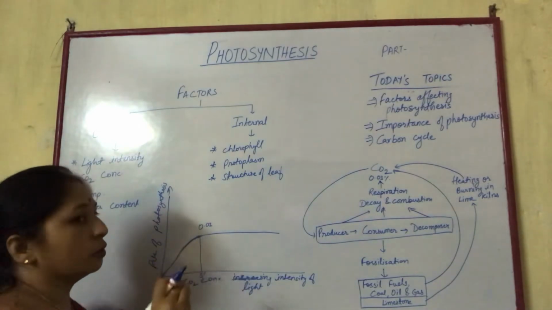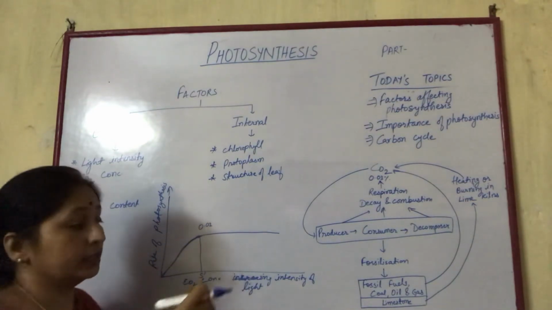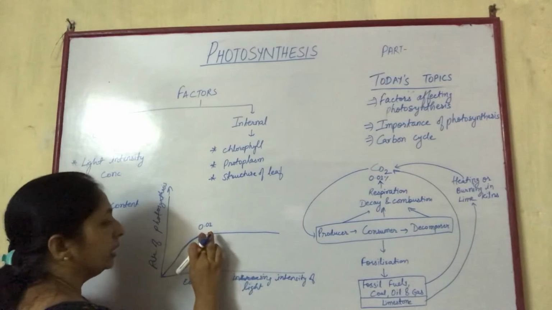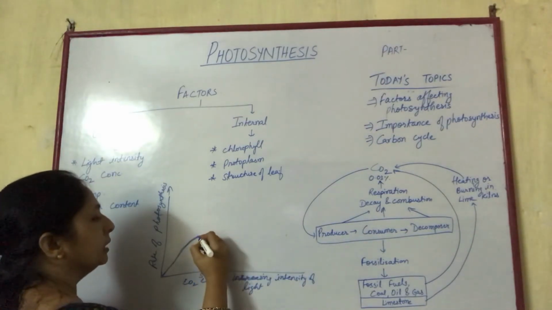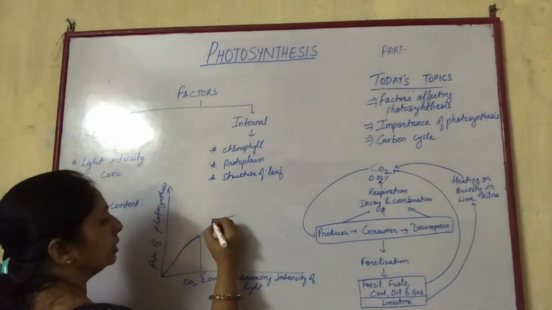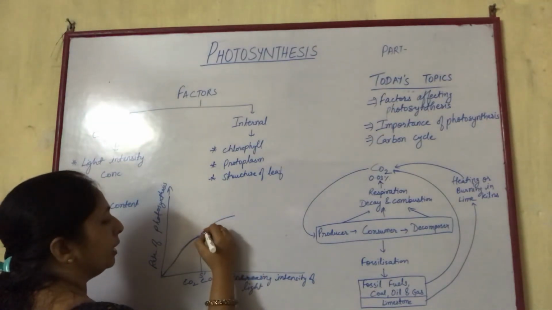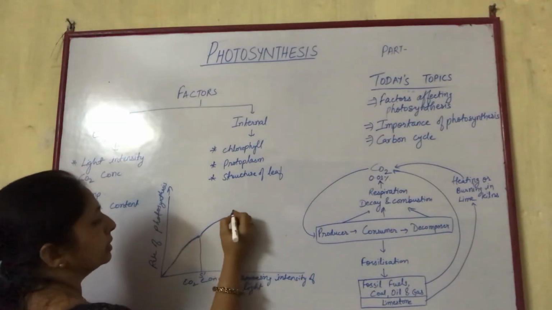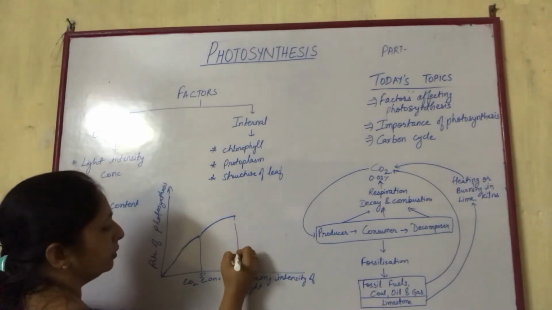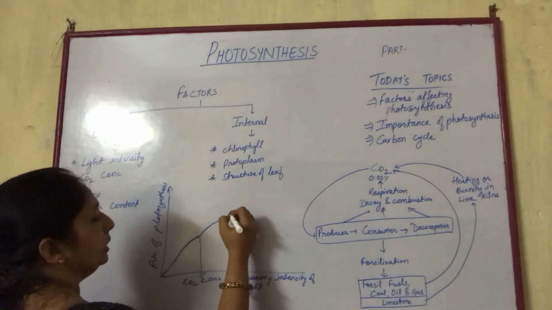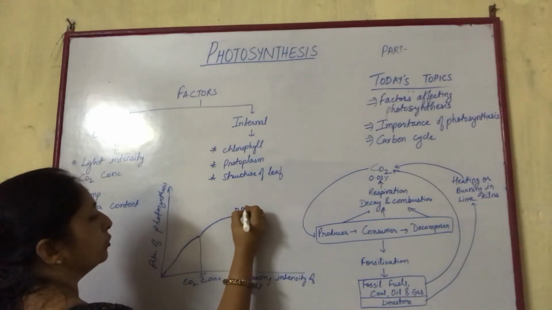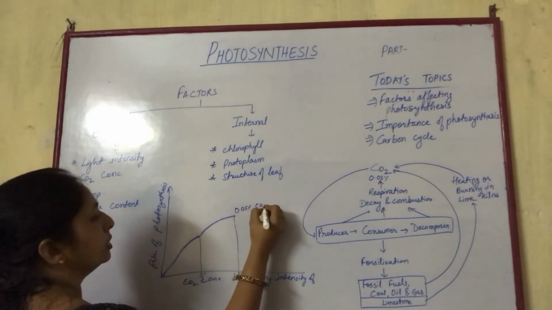If the CO2 concentration is increased at this point, the rate of photosynthesis further increases up to a level S dash double dash, which is 0.05% CO2 concentration.